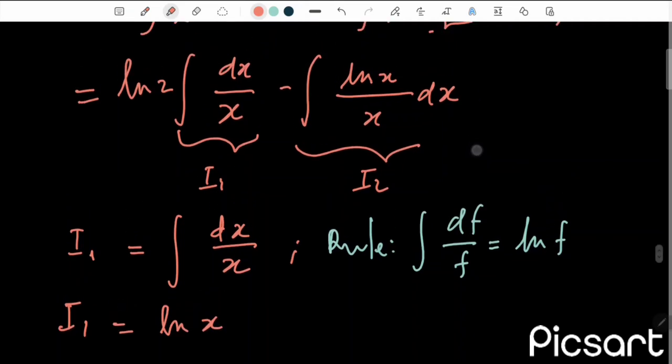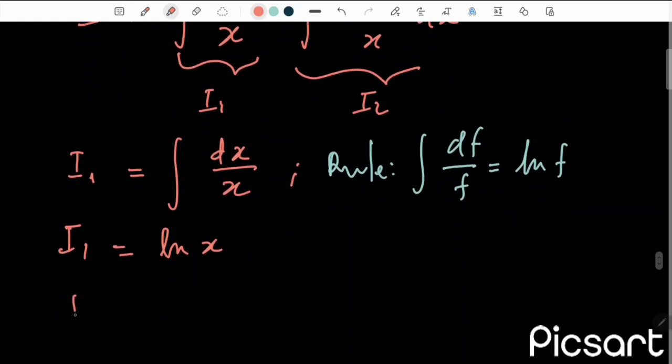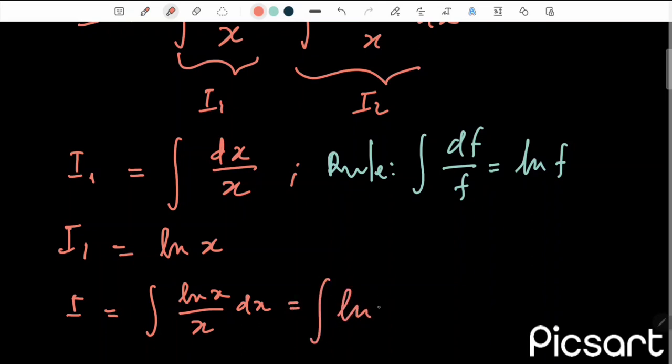On the other hand, here we have I2 equal to the integral of ln of x over x d of x, which is the same thing as ln of x times d of x over x.